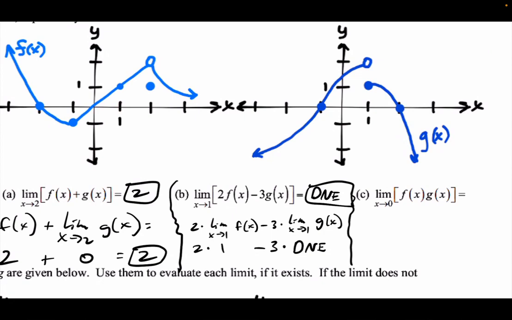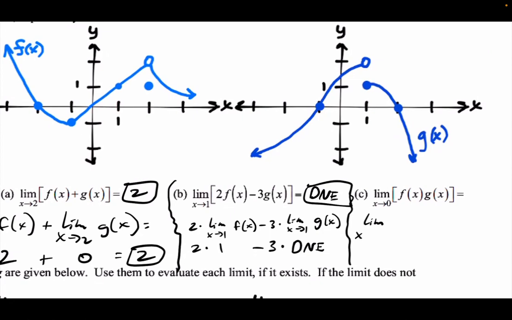Okay, so letter C. The limit as x approaches 0, so we're going to go f of x times the limit as x approaches 0 for g of x. The limit as x approaches 0 for f is 0, y equals 0.